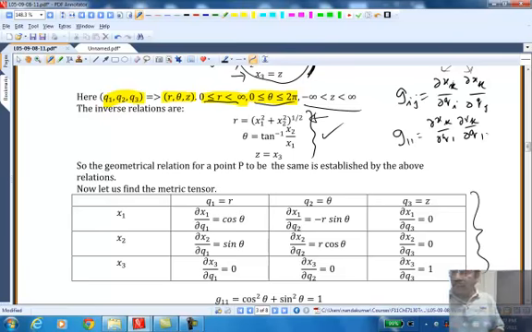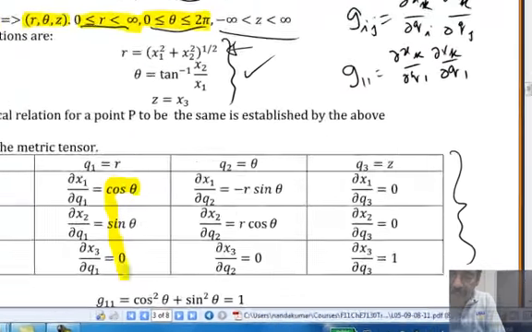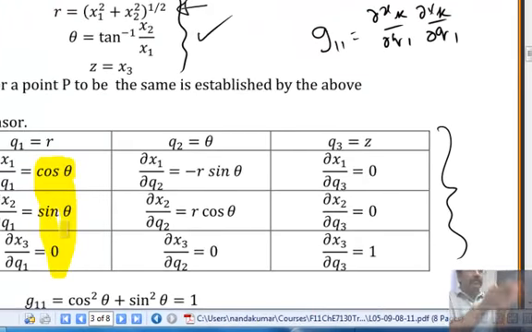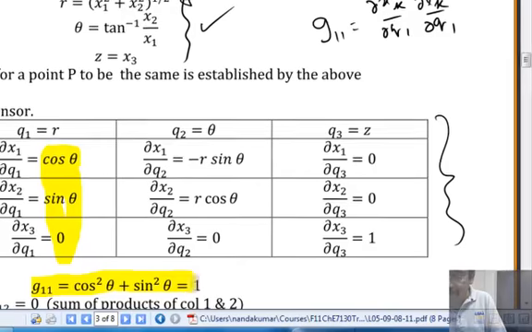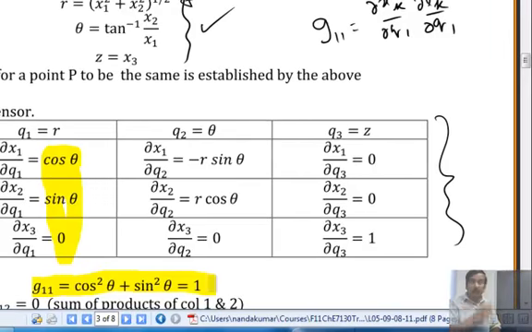So it's going to be (dx1/dq1) squared plus (dx2/dq1) squared plus (dx3/dq1) squared, right? That's essentially the first column. Take these numbers and square them, multiply it with itself. So it is cos theta times cos theta, which is cos square theta, plus sin theta times sin theta, which is sin square theta, plus 0 times 0, which is 0. So when you add that, you will get G11 as cos square theta plus sin square theta, which is equal to 1. So the first diagonal element will be 1.